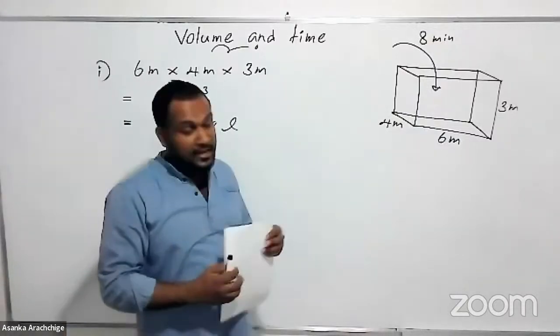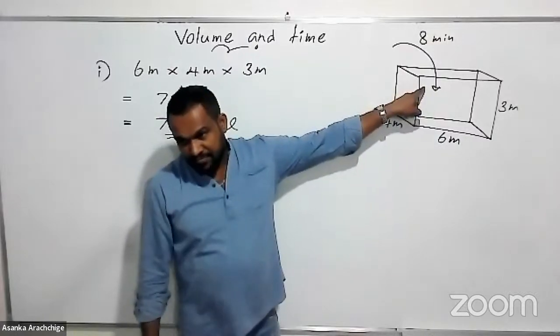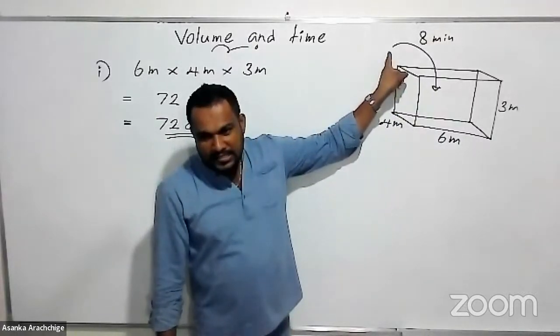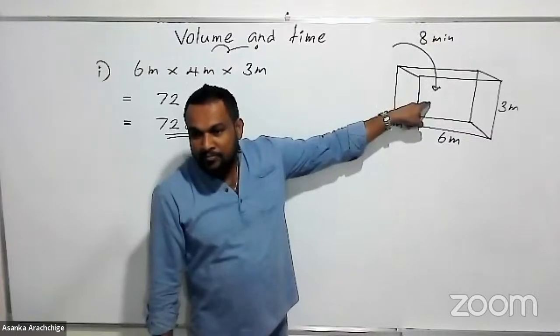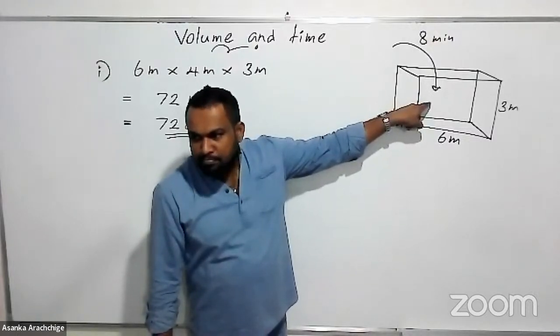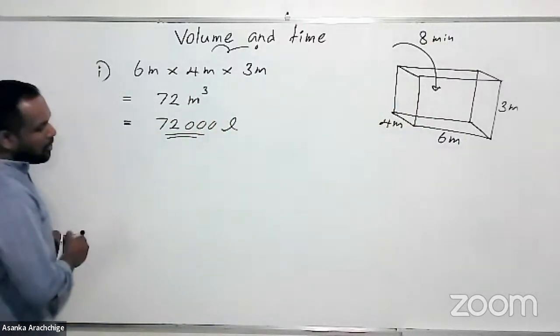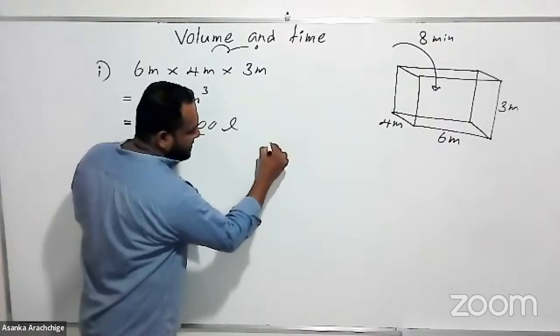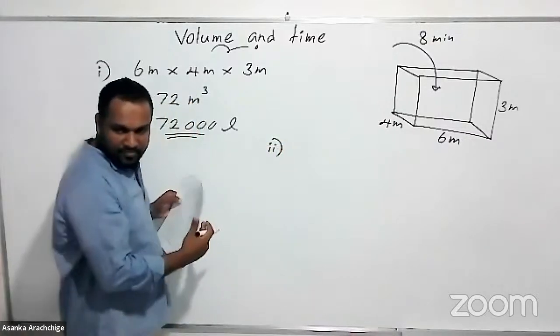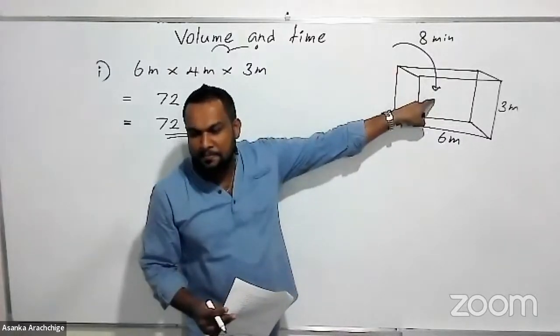Now we have to calculate the rate at which fuel flows into the tank through this pipe. Now tell me how to calculate that rate. What's the method? What is the total volume pumped by this pipe?